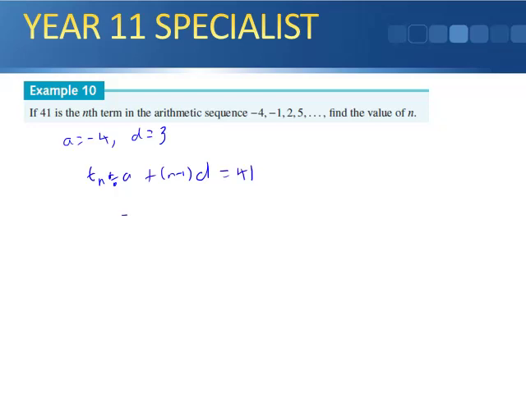So -4 plus (n minus 1) times 3 equals 41. Add the 4, so I've got 3(n minus 1) equals 45. Divide by 3, so I get n minus 1 equals 15. Add the 1, n equals 16.